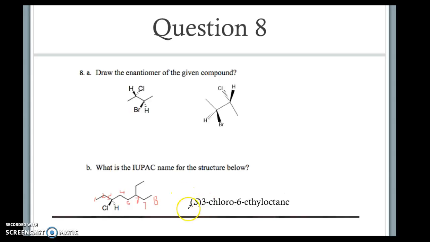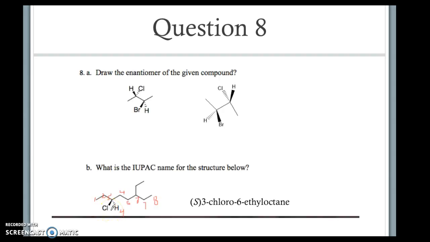Now, in order to decide if there is chirality on our group here, which there is because there are 4 different things attached to this carbon here, we need to prioritize the atoms or groups of atoms attached to that chiral center. So the higher the atomic number means the higher the priority. Because hydrogen is the lowest, this will get the 4, and more than likely you can kind of forget that.